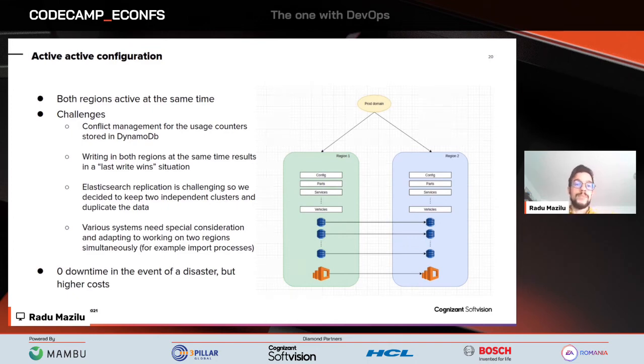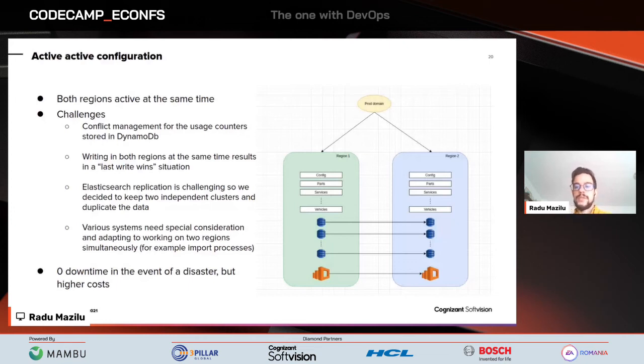However, trying to do so comes with some challenges. And of course, when you are talking about distributed databases such as DynamoDB, you are going to have to talk about conflict management, because what DynamoDB does is it guarantees that inside the region you can write to it, and it will always respect the order in which you wrote, and your data will practically be safe and sound as you expect it to be.